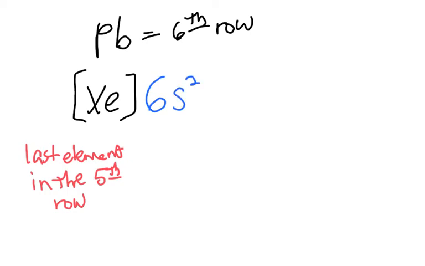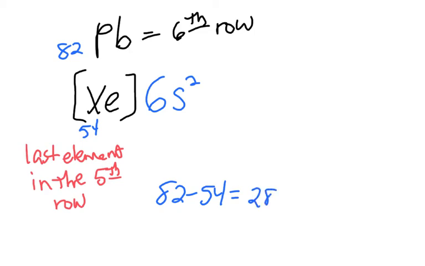Now, how do I know how many electrons to fill in? Lead we know was 82, and xenon is 54. By putting down xenon, I've basically accounted for 54 electrons. So 82 minus 54, let me get my little handy dandy calculator out here, is 28.